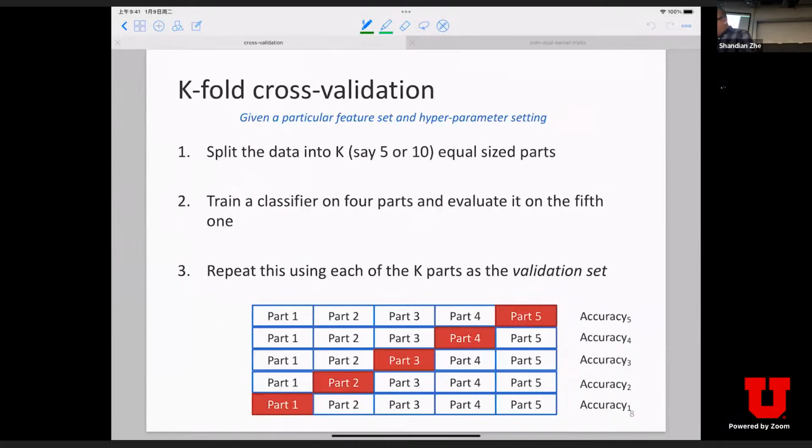Each time I pick out one part as the testing set, use the remaining 4 parts for training, then test the performance on that test set. I go through each of these 5 parts, I get 5 accuracies, and I take the average. This average serves as the evaluation for this particular C choice.